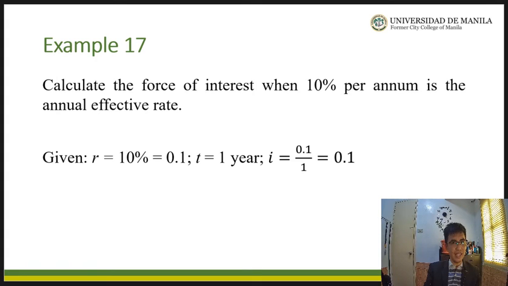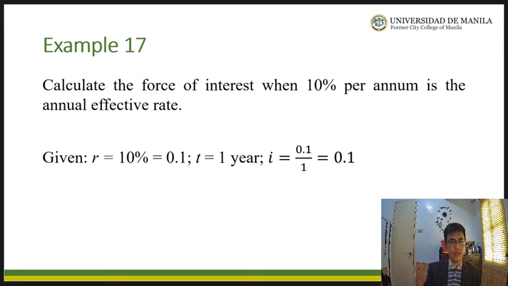And besides that, it is mentioned here that it is the annual effective rate, so we know that m is equal to 1 here. So therefore, t is equal to 1 as well. Okay, m here is 1.